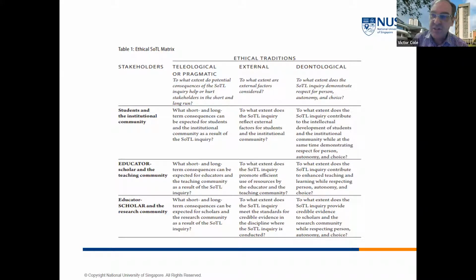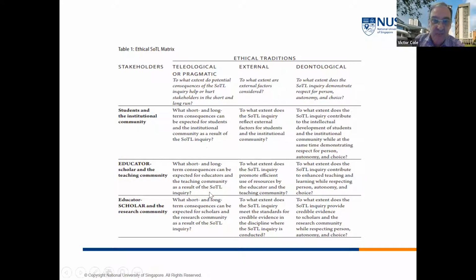And of course, it also looks at the researcher as both teacher and scholar. So that's why they emphasize in capitals there in the first column, educator, scholar, emphasis on educator in the first, and educator scholar, emphasis on the scholar in the second, so that you get a sense of what the priorities are in relation to wearing those different hats in the ongoing project.